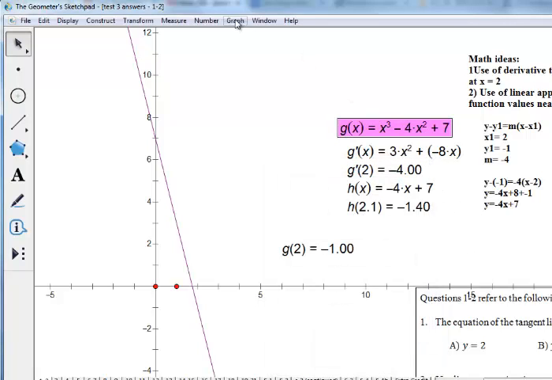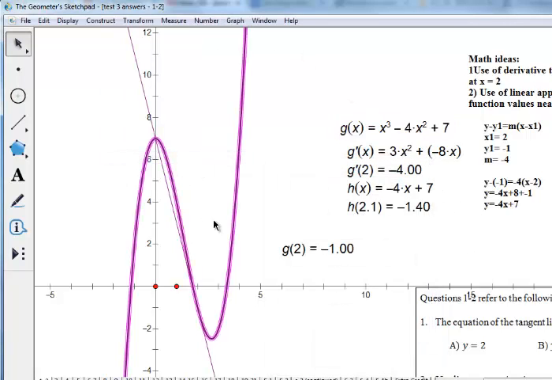I just want to plot this function. Notice when x is 2, here is the function, and here is the equation of the tangent, and that is the tangent line. So when x is 2, it looks like it's right about here, and there's the tangent line.